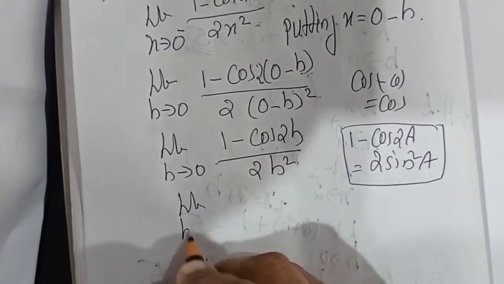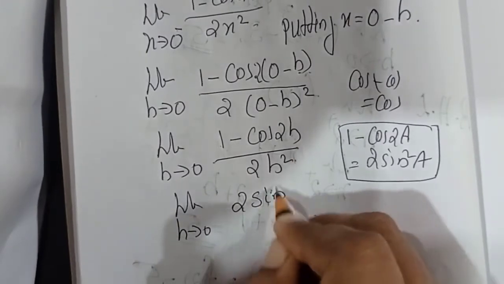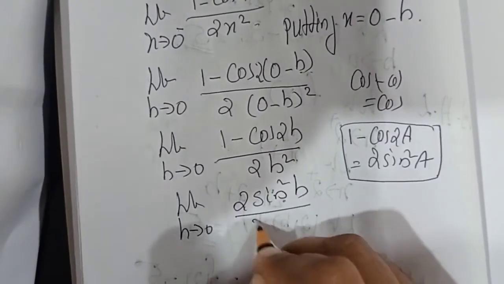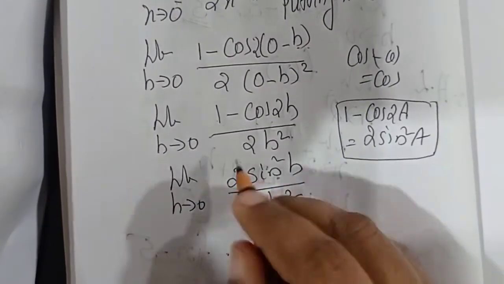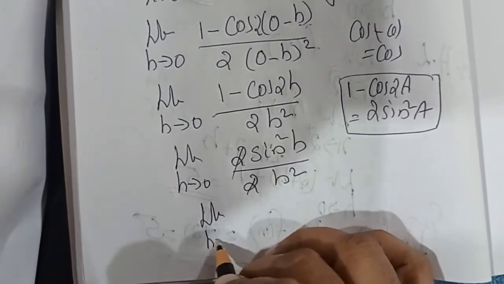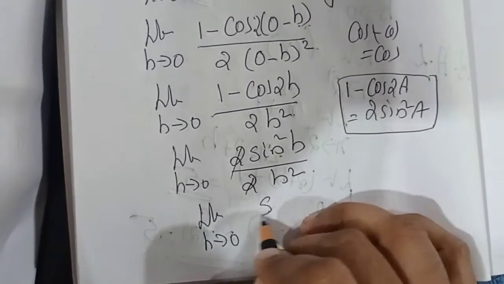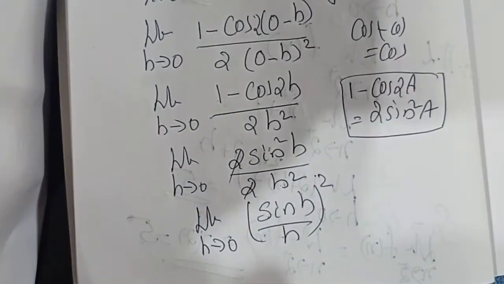Therefore, limit h tends to 0, 2 sine square h by 2h square. Okay, students? Now 2 and 2 cancel. We can write this as limit h tends to 0 (sin h by h) the whole square.